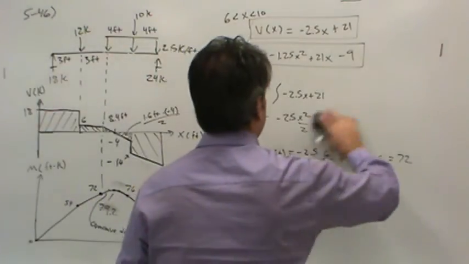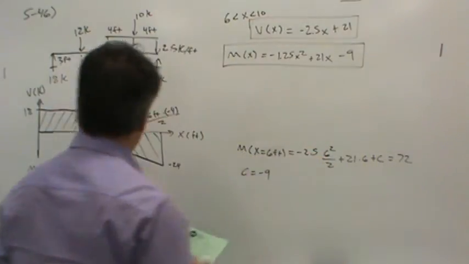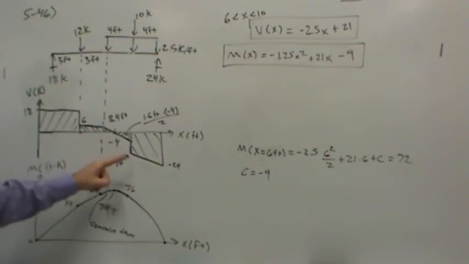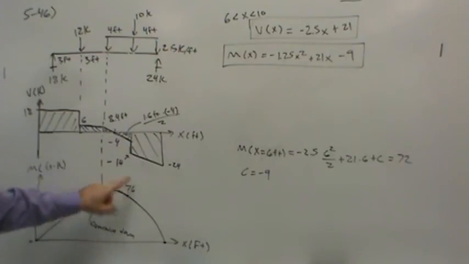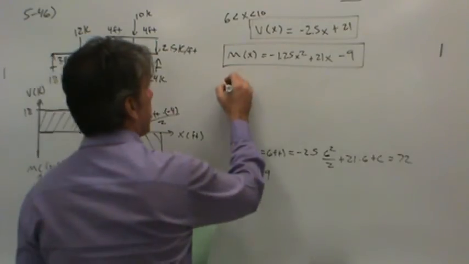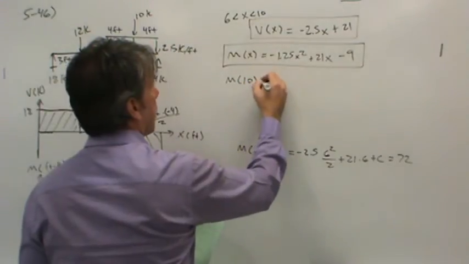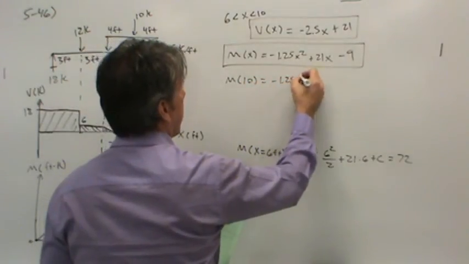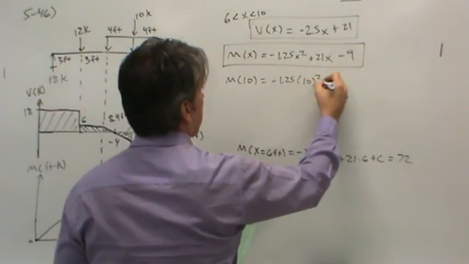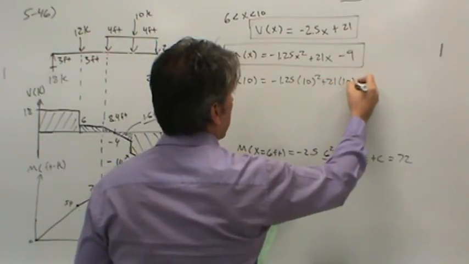Now let's verify that that works, because that should give me the moment at any point that I want, right? So let's go over here and check this point. The moment at x equal 10 is negative 1.25 x squared plus 21x minus 9.